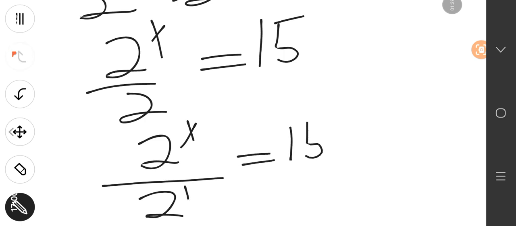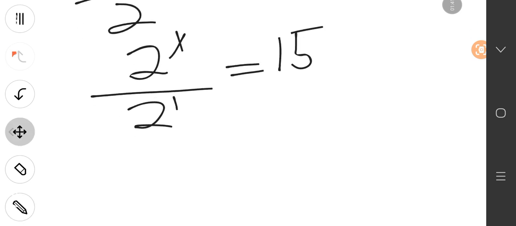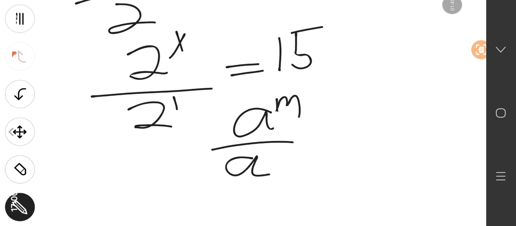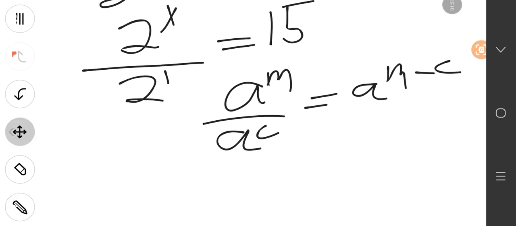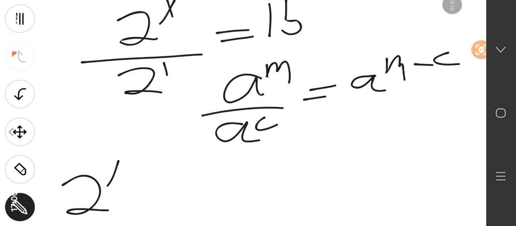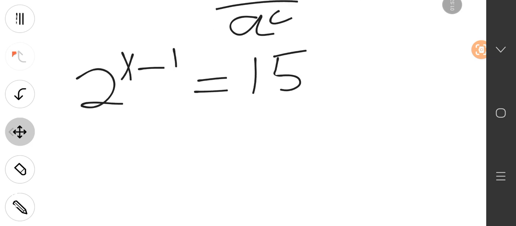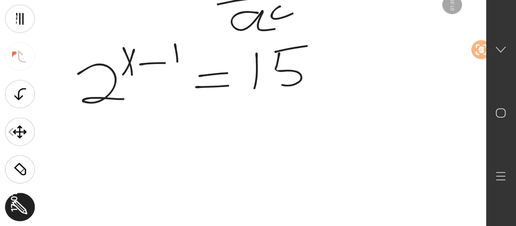All right, now let's apply the quotient rule. We know that a exponent m over a exponent n equals a exponent m minus n. So we're going to have 2 exponent x minus 1 equals 15. Now let's express 15 in primes.